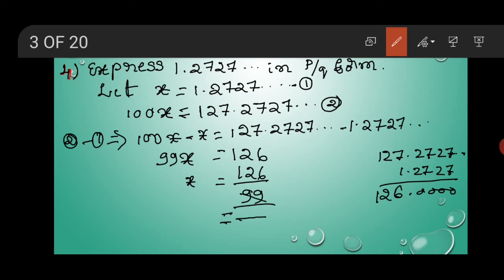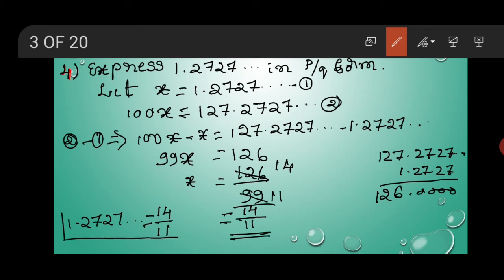On simplification you will get 14 divided by 11. So the P by Q form of the given number 1.2727 on and on is equal to 14 divided by 11. Did you get this? Okay.